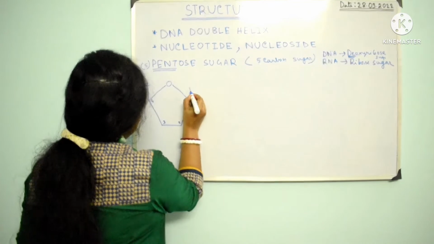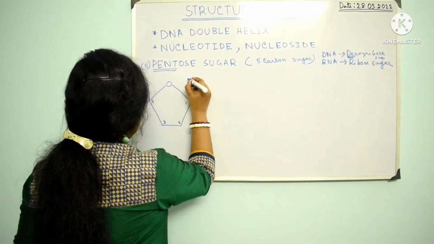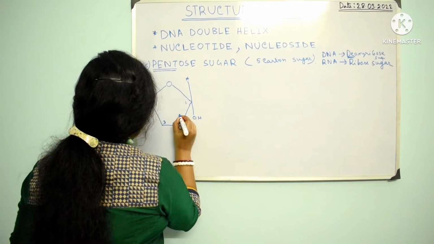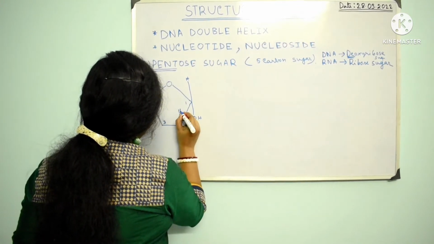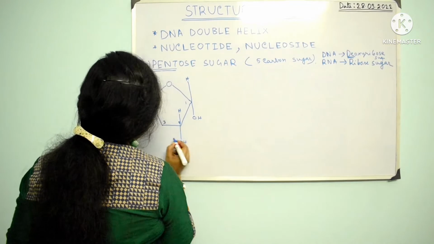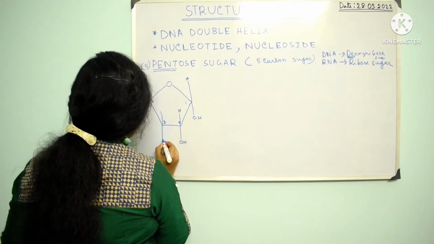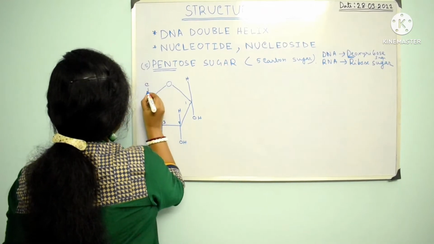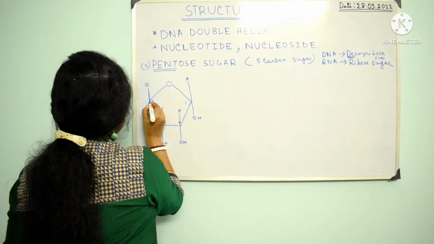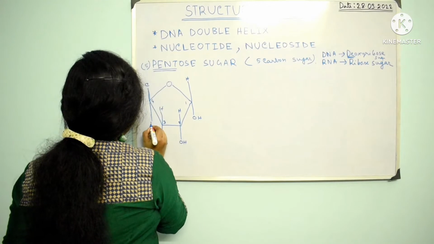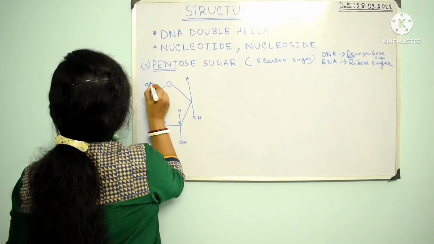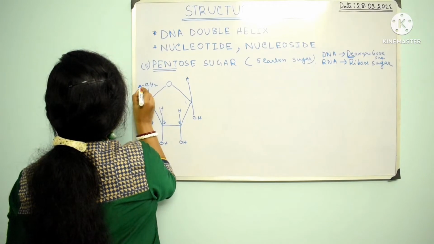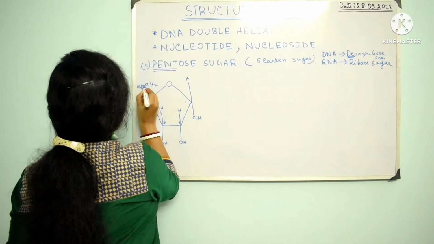Now let's draw H, OH, here also H, OH, here also H, OH, here also H, CH2 and OH.